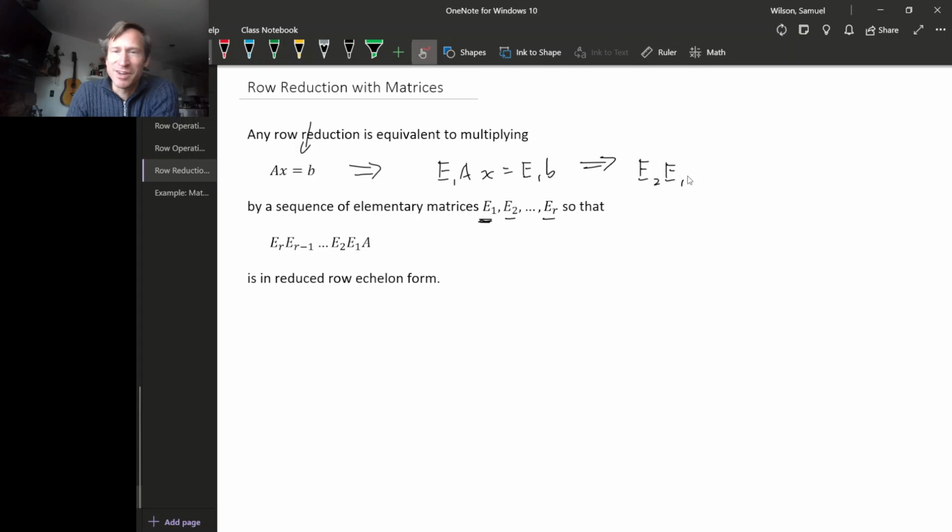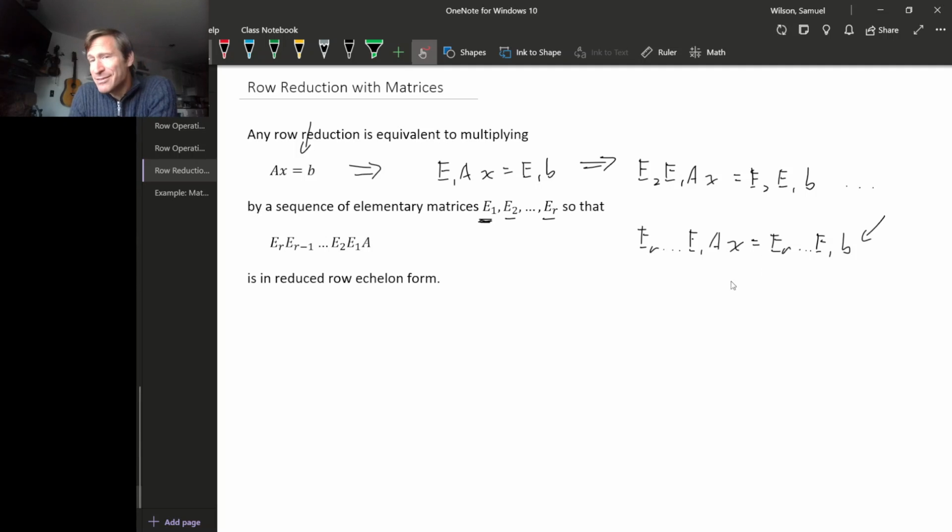So then E2 E1 A x equals E2 E1 b, and so on until you get to all of them. So E_R down to E1 times A times x equals E_R down to E1 times b. And at this point, you would be done.